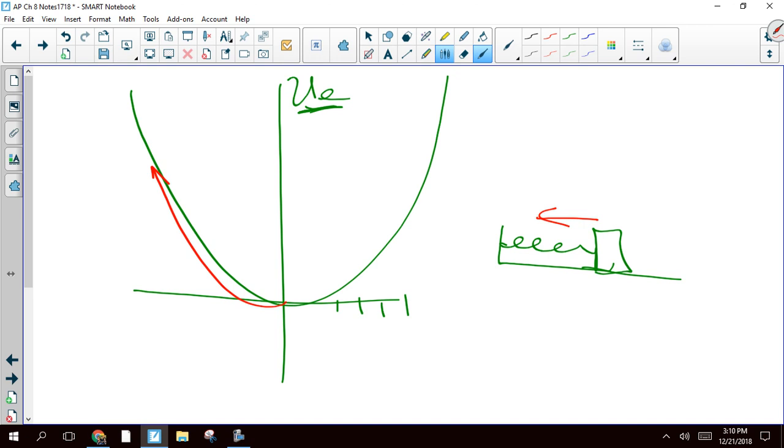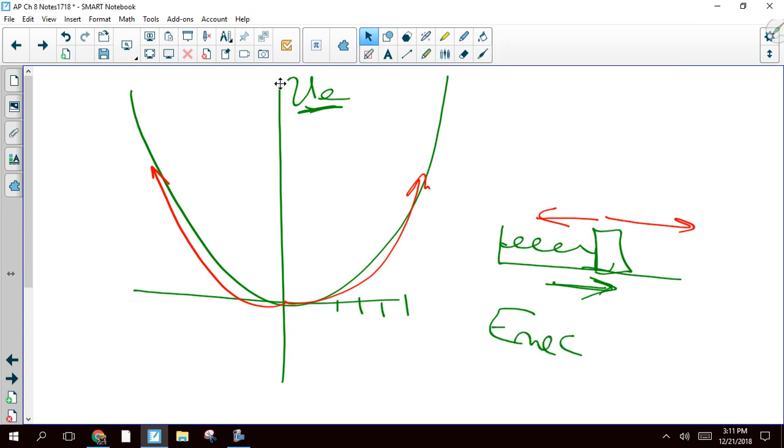You could stretch it this way and give it elastic potential energy. Or you could give it a push and give it some kinetic energy initially. But once you let go of it, the only force acting on it is the force of the spring. And so from that point forward, your mechanical energy will be conserved.